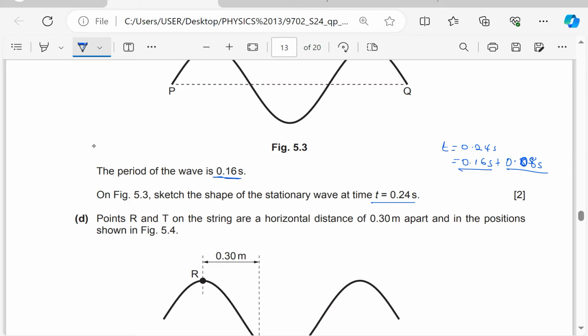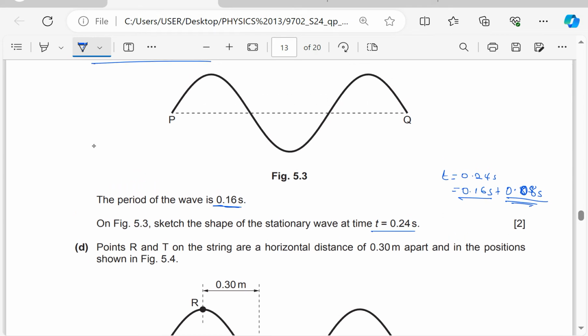So I'll just ignore the one complete cycle and concentrate on half a cycle apart. So it means after 0.08 seconds, if there's a progressive wave which is moving to the left, it will have moved half of its cycle. And the reflected wave, which is the progressive wave moving to the right, will have moved half of its cycle.